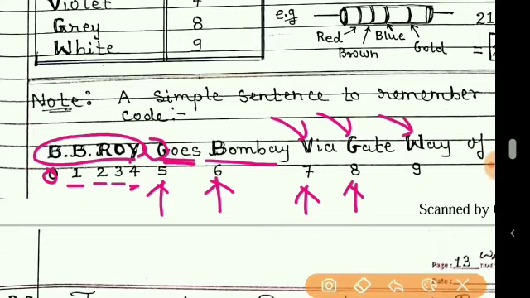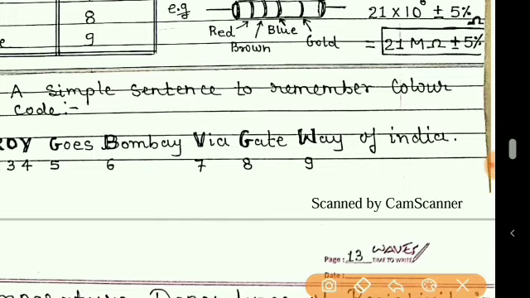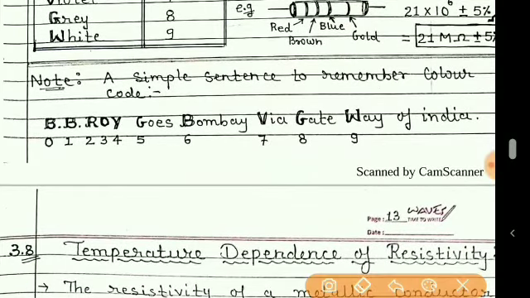And way represents 9. So B.B. Roy goes Bombay via Gateway of India. Here the "of India" is simply to complete the sentence. It has no use for the color. So I hope you can remember this sentence, and then you can apply it to find the value of a given carbon resistor.